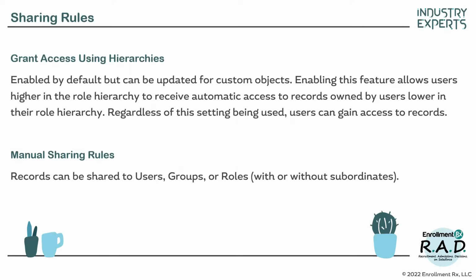And it's similar with a criteria-based sharing rule. Instead of selecting which group, queue, or role you want to use, you define actual criteria to define which records should be shared and to whom they should be shared.